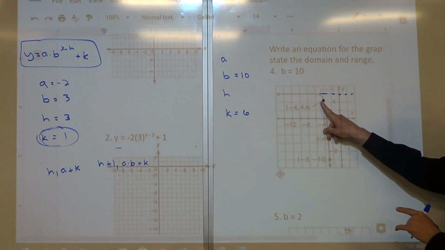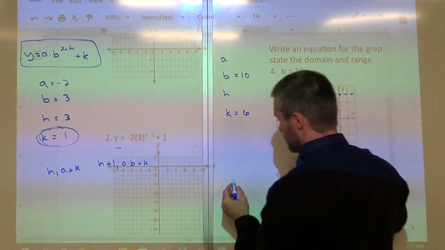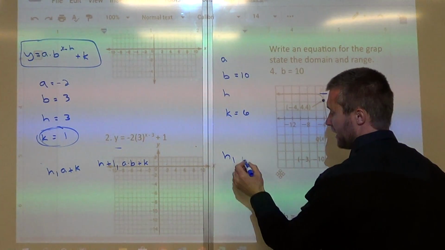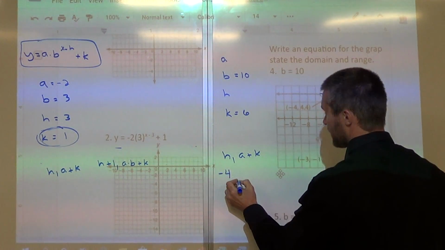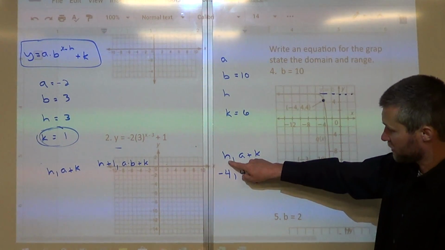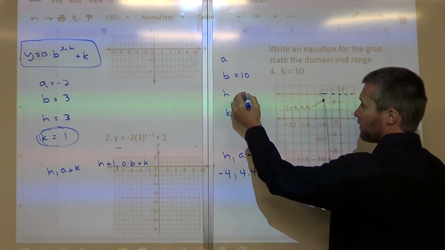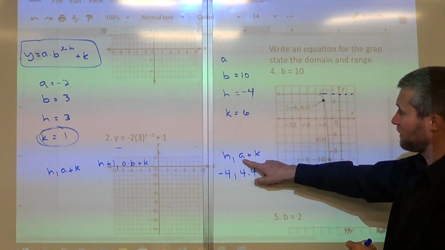We found it by going H, and then A plus K. So if the point is -4 and 4.4, my H value is -4. Then all we need to do is find out what my A value is.